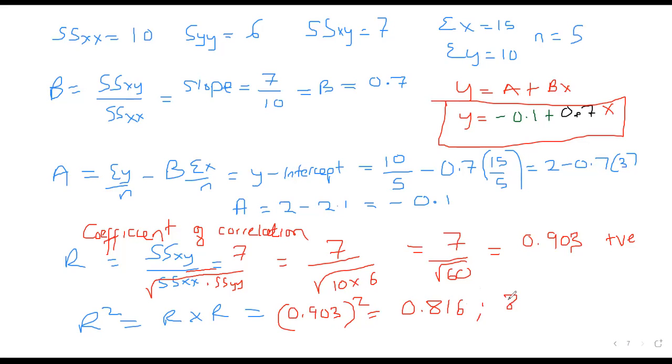It means that 81.6% of y is affected by x. Okay, that's what it means: 81.6% of y is affected by x. Any questions?